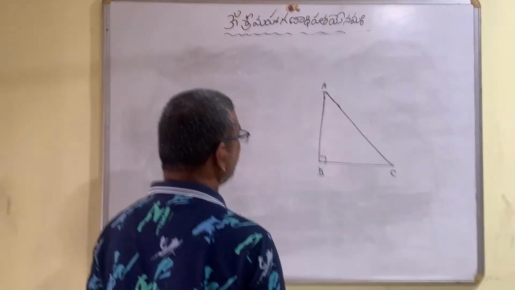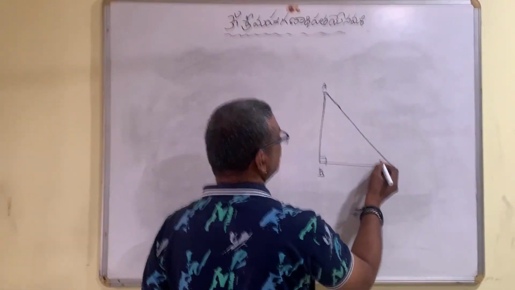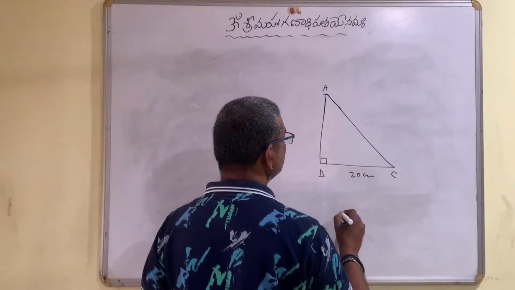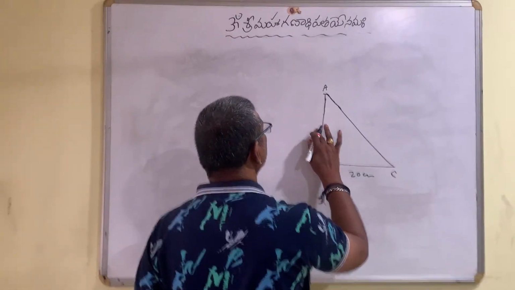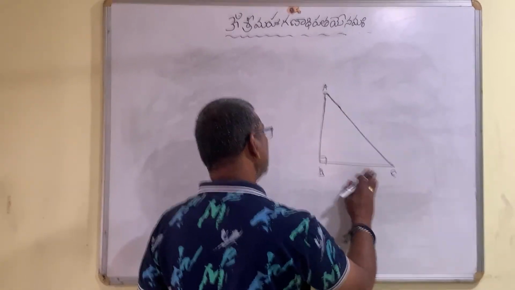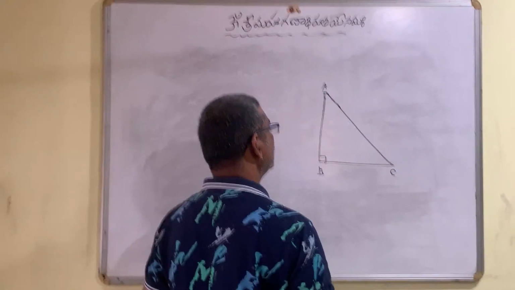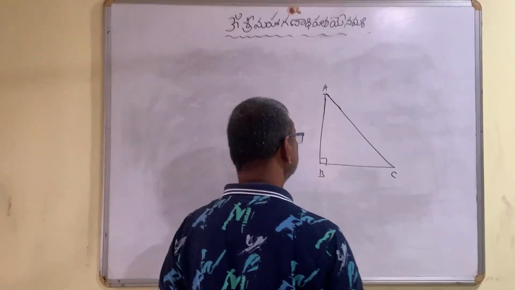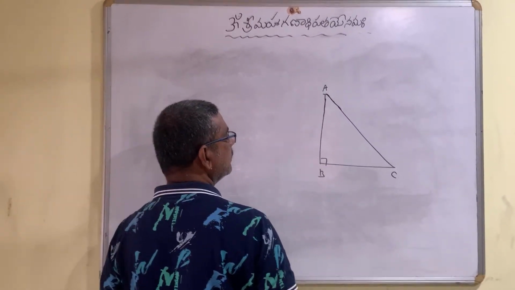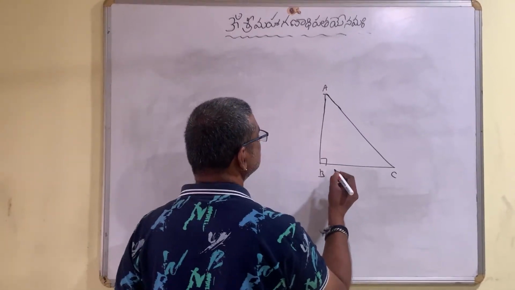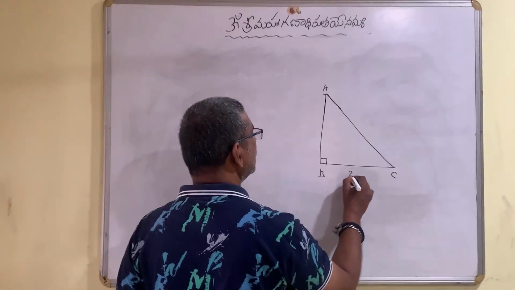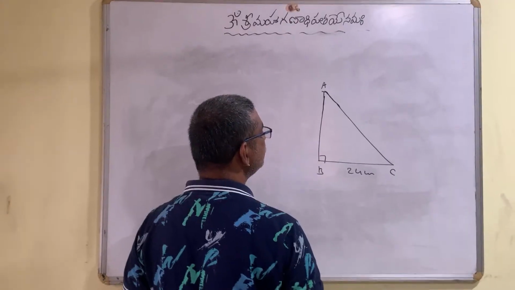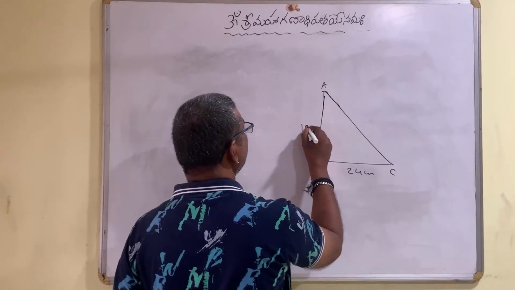Same triangle ABC, right angled at B, and BC is 20 centimeters, AB is 24 centimeters, 10 centimeters.